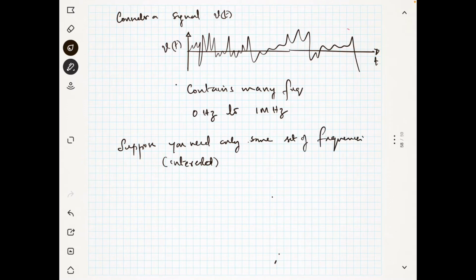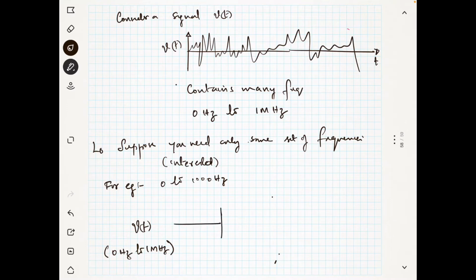For example, you need the frequencies from 0 to 1000 hertz. Then what you have to do? You have the signal V of t which contains the frequencies from 0 hertz to 1 megahertz. That means it contains all the frequencies in the range 0 to 1 megahertz. This signal is a combination of many signals in that range.